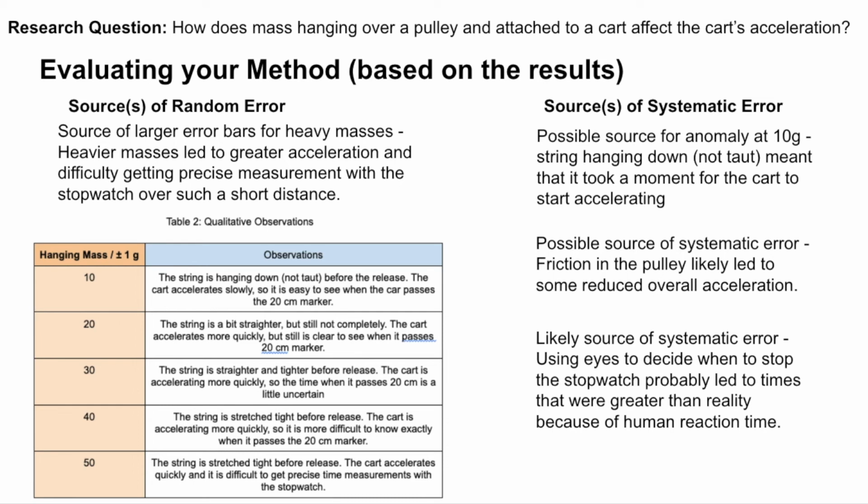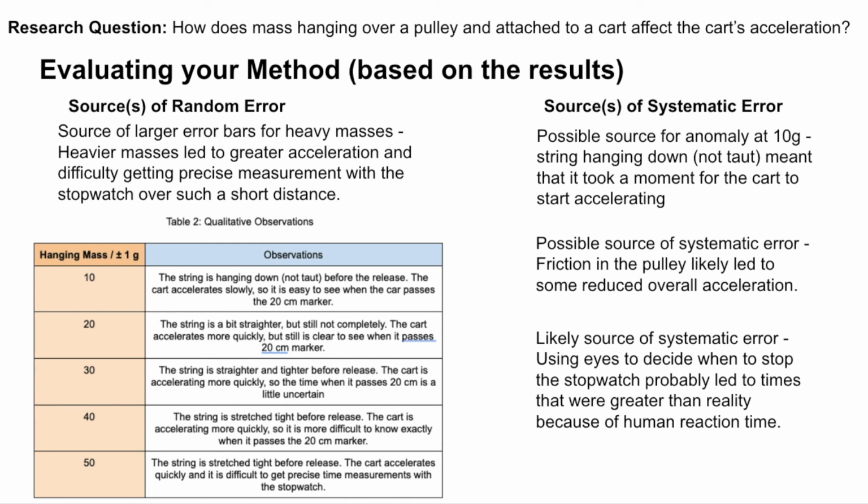So I just want to emphasize here, these are all examples of issues within my method. These were things that I planned in the method that actually caused clear errors in my data, and for many of them you can actually look at the data and the error bars and identify where those happened.